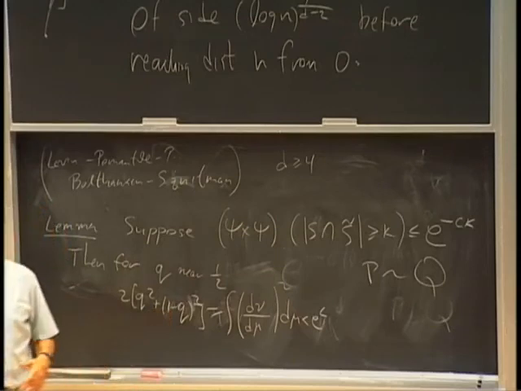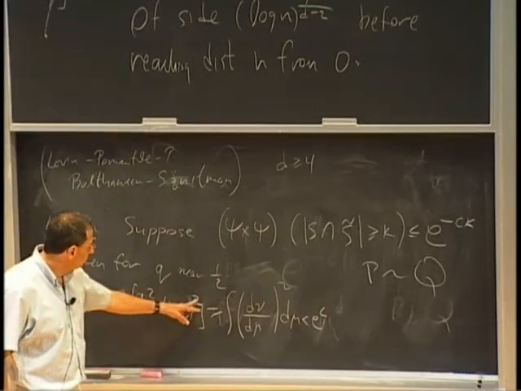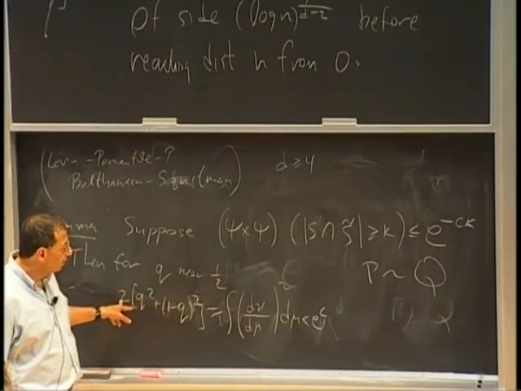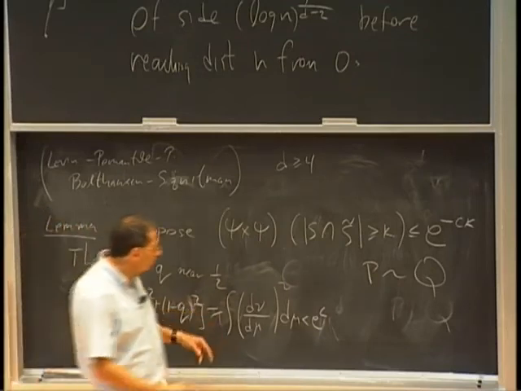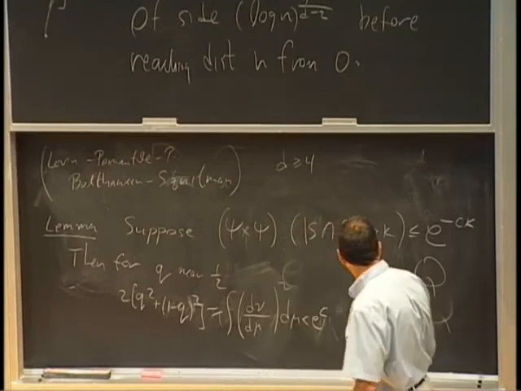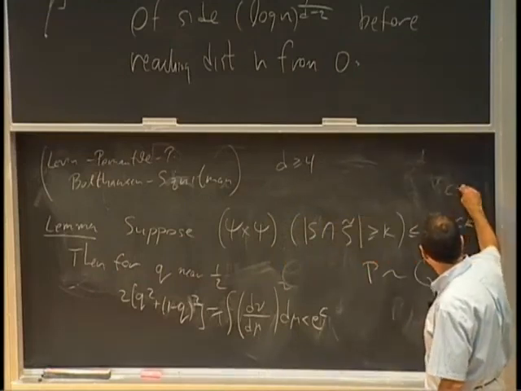Right? So if q is near 1/2, then q squared plus 1 minus q squared is also near 1/2, and so multiplied by 2, it's near 1. So it's going to be less than e to the c. Right, so this c is some positive number here.